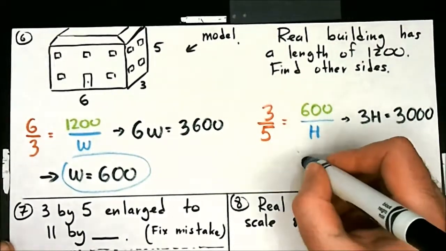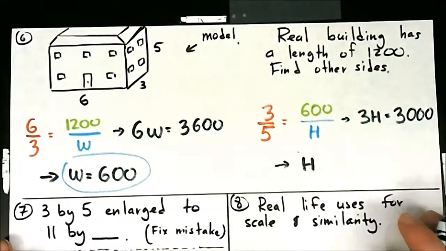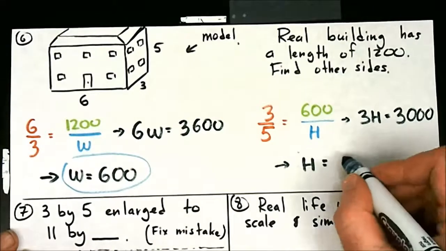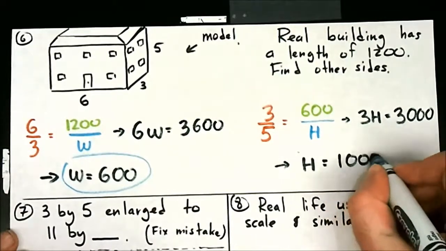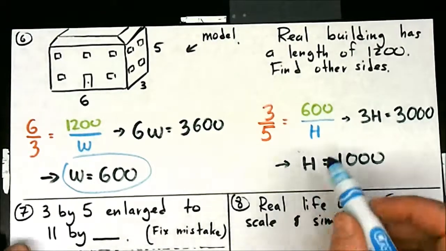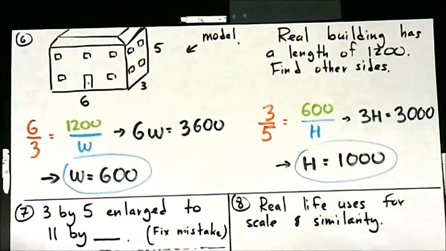And when I divide both sides by 3, what's 3,000 divided by 3? It's like 3 divided by 3, but with 3 zeros. 1,000. So now I have all my missing sides of the new building. The new building will have a length of 1,200 that was given, a width of 600, and a height of 1,000.